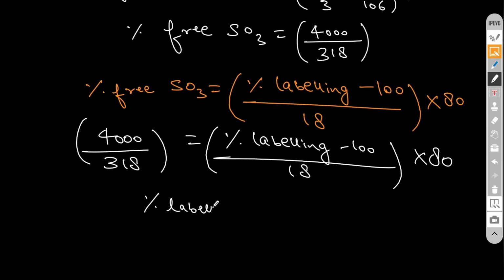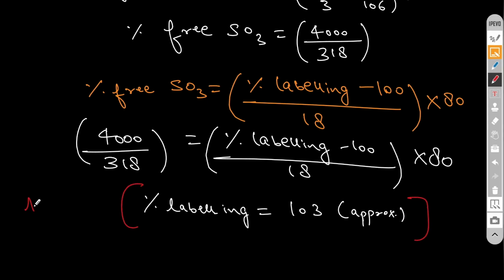So percentage labeling is approximately 103. So this is the percentage labeling of oleum in the final sample, the new sample which is finally formed.